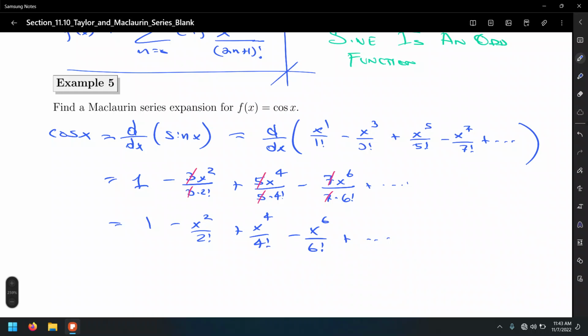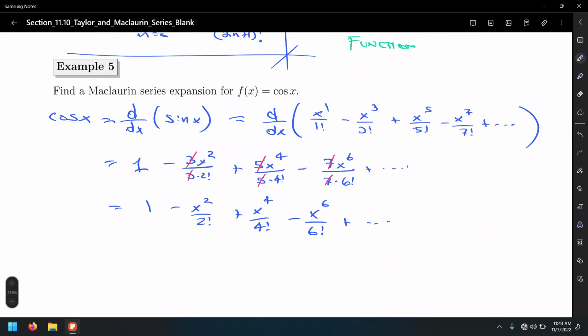And then, before trying to figure out the general term of the series, how about we write this 1 as x to the 0 over 0 factorial. This way it would be a lot easier to see the pattern, because we're going to have 0, 2, 4, 6, in a similar way to how we got the general representation for the sine function.